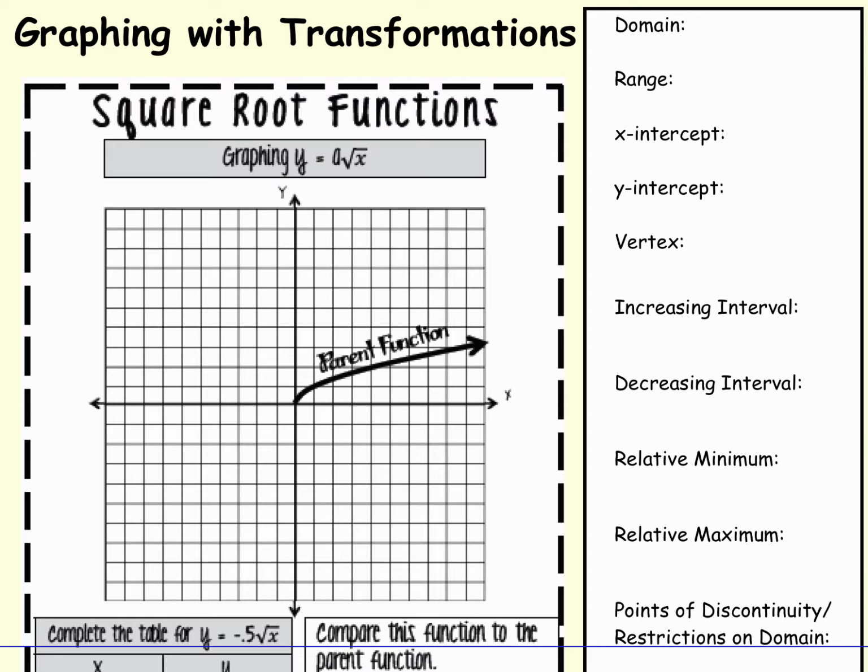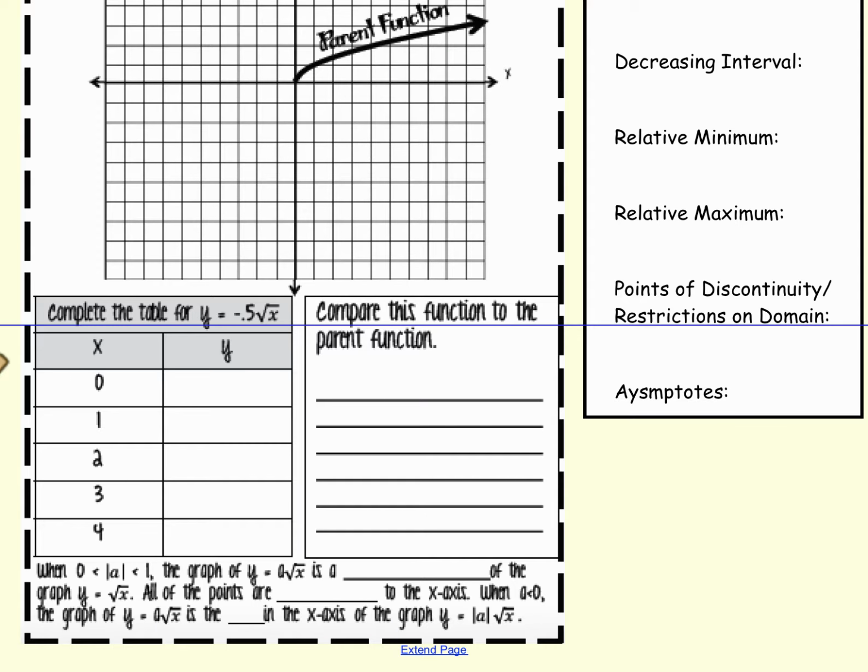Okay, now this one's going to be a little bit different. We're still looking at what happens when we do a vertical transformation, but what happens when the a value has an absolute value less than 1? Okay, so thinking about how we did it before, this is our parent function. It's the big mama.